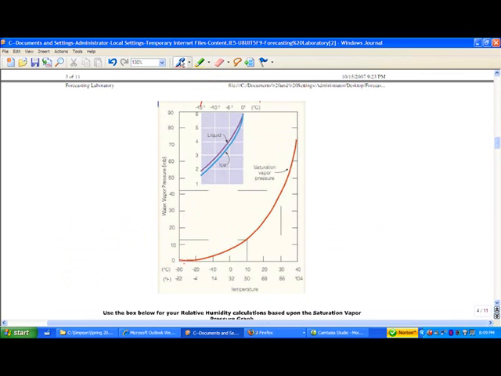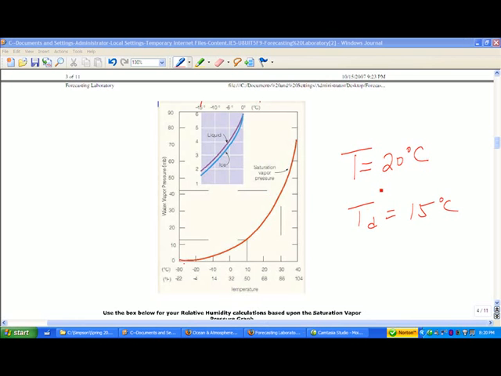And in this particular example, let me give you a temperature of 20 degrees Celsius and a dew point of 15 degrees. So we've got an example here of a temperature of 20 degrees and a dew point temperature of 15.